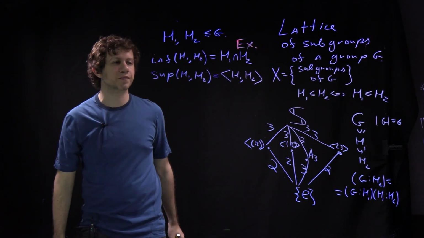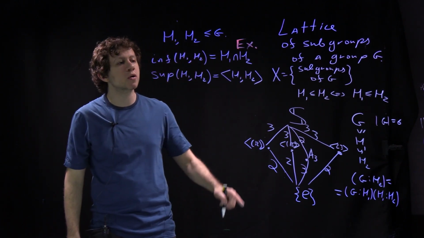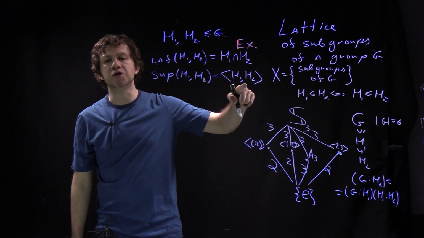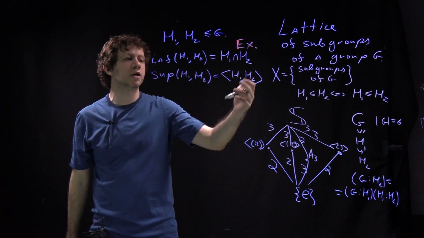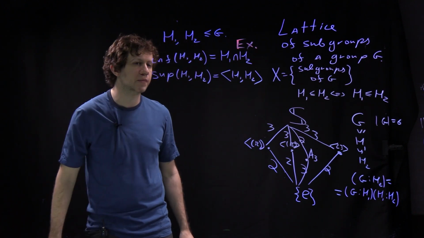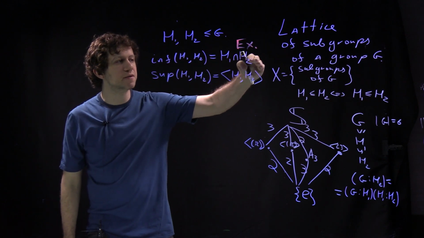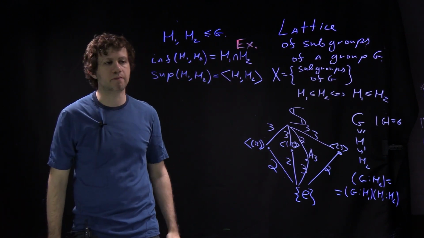We discussed it already. But the problem is that if H1 and H2 are relatively small, it might happen that this group is huge. It can be infinite, for instance, if H1 and H2 are finite, even Z over 2Z. So surprisingly, though the infimum is very simple in this lattice, the supremum is behaving badly.